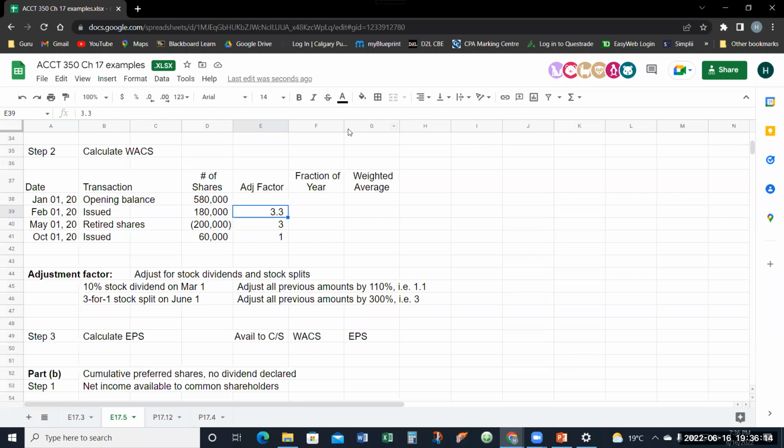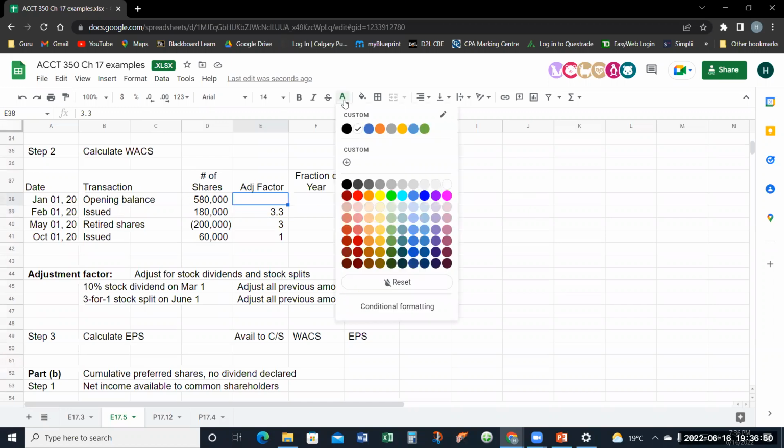If you can get this part, then it should be relatively easy. The adjustment factor for the stock split is 3. The adjustment factor for the stock dividend is 1.1. The total adjustment factor is not 3 plus 1.1, it's 3 multiplied by 1.1, and that's 3.3. And the same thing for January 1st, 3.3.